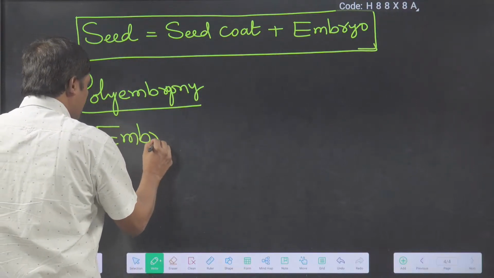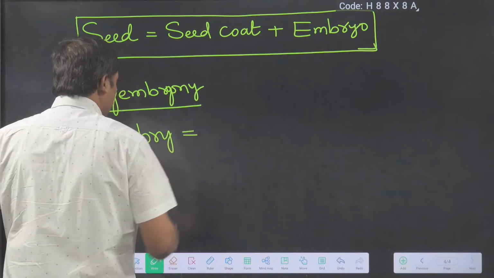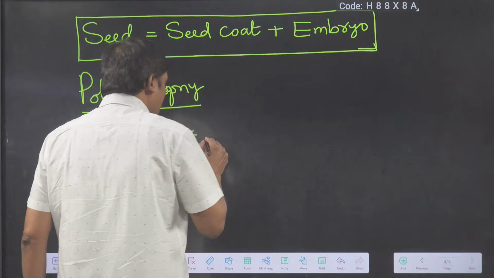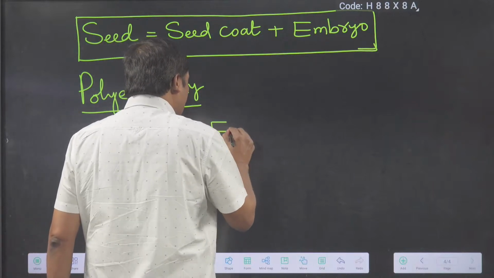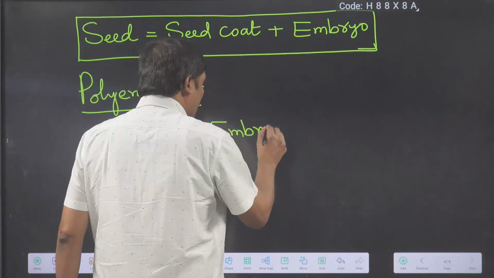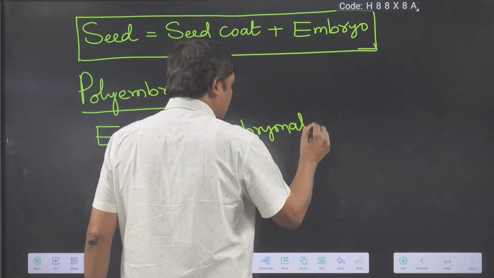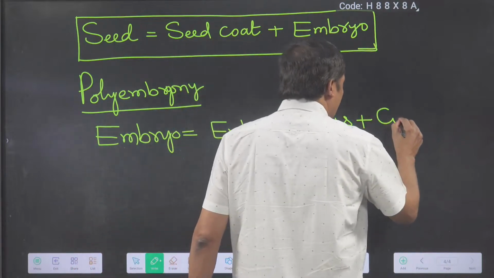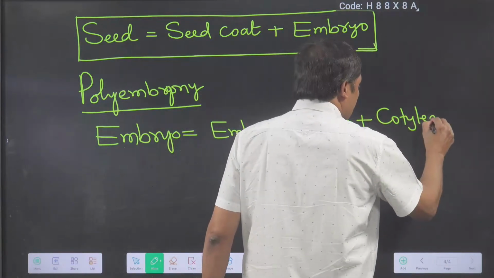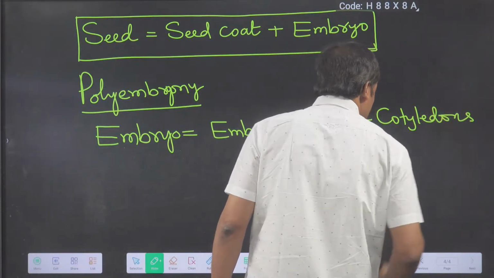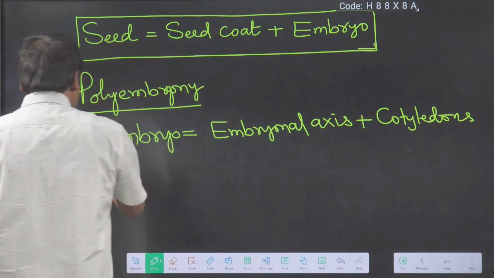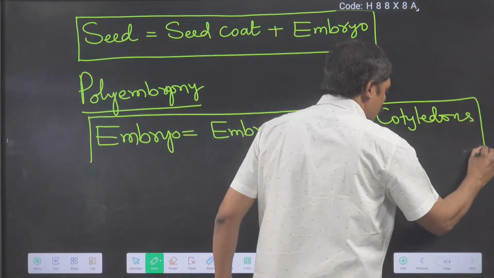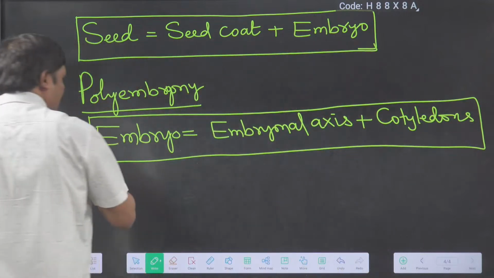Embryo is equal to embryonal axis plus cotyledons. Embryonal axis plus cotyledons is equal to embryo.